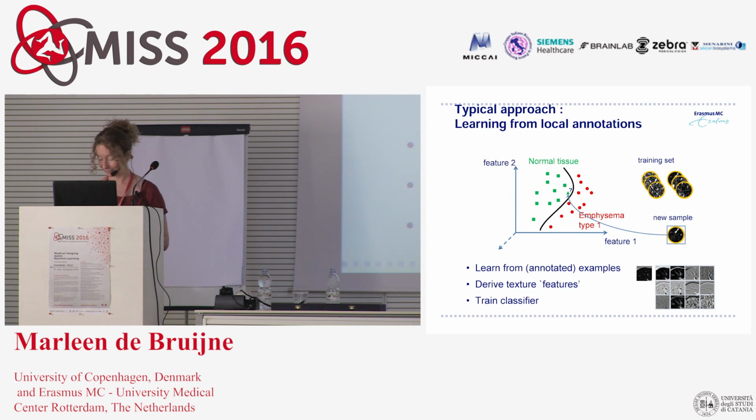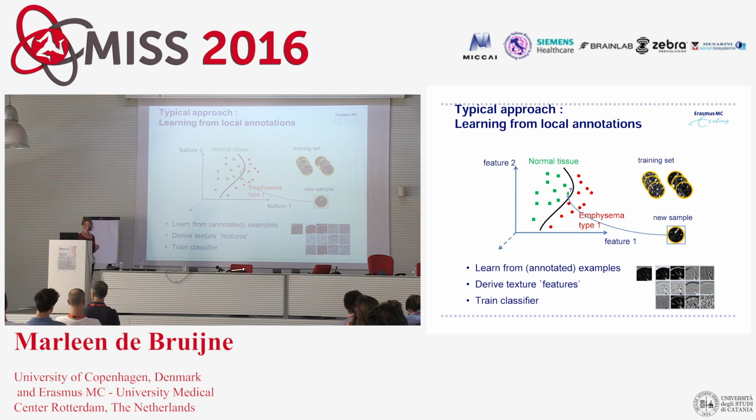As I already told you, our experts would not do that. So we had to do something else, and also we wanted to see how far you can push these methods without having any additional local information.